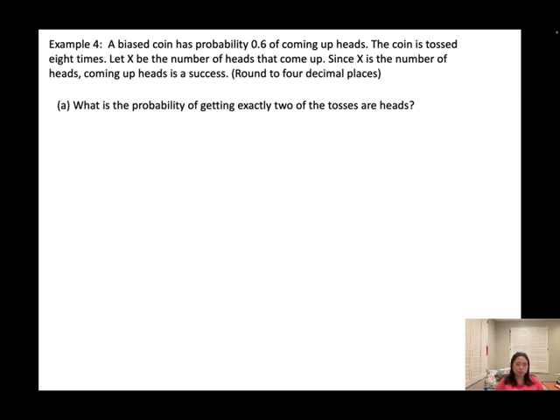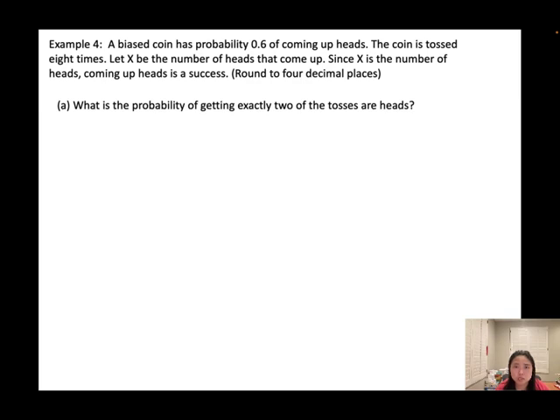I want you guys to check the requirements first. Do they fulfill the 4 requirements? Do they have a fixed number of trials? Do they have 2 outcomes? Does the probability of success remain the same?